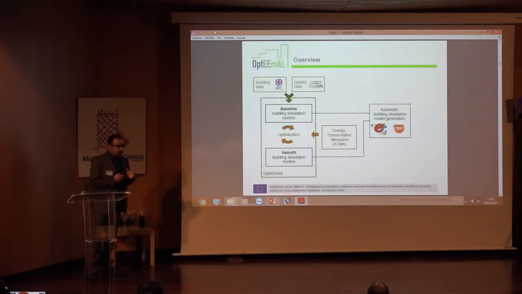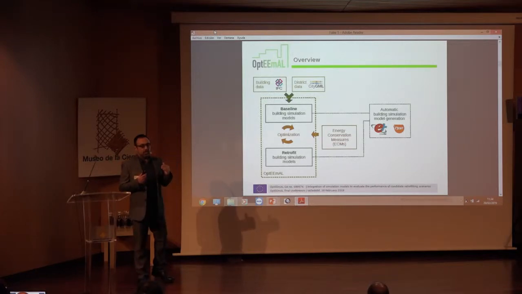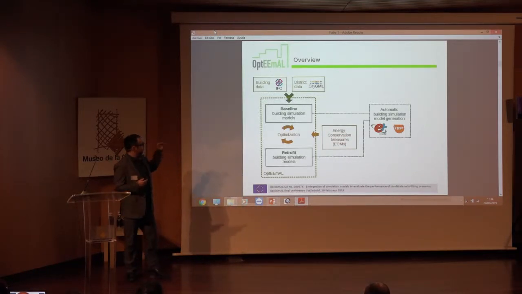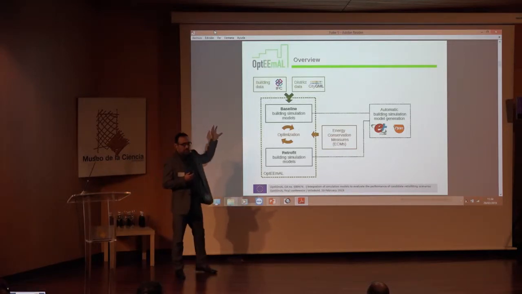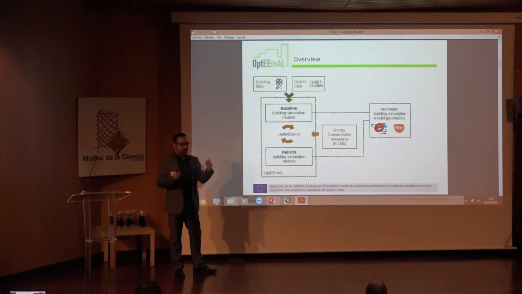So where in OptEEmAL do we need building simulations? We need them basically in two stages. One is the initial stage where we assess the building in the baseline stage, as they are.